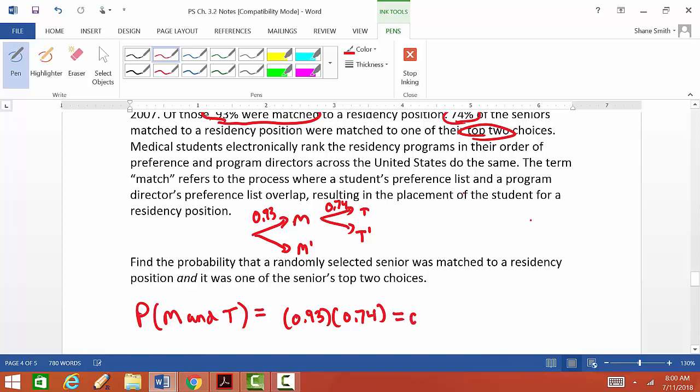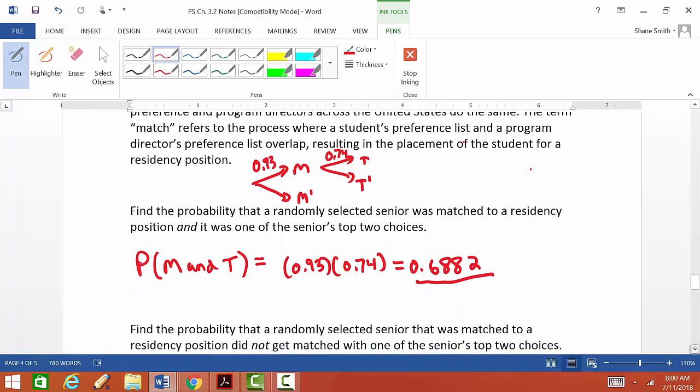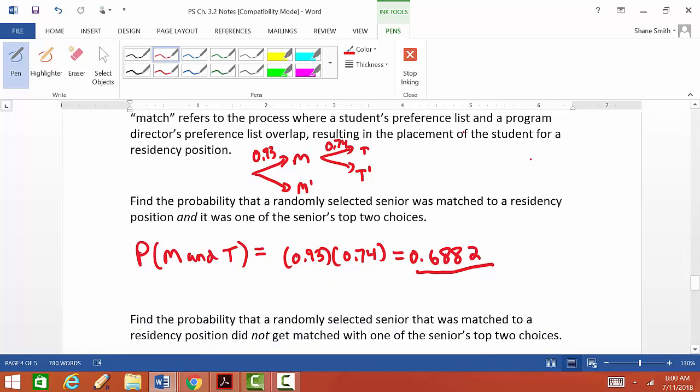And the answer here is 0.6822. Or excuse me, 0.6882. There we go. And that's the probability of getting a residency position, and it was one of the senior's top 2 choices.